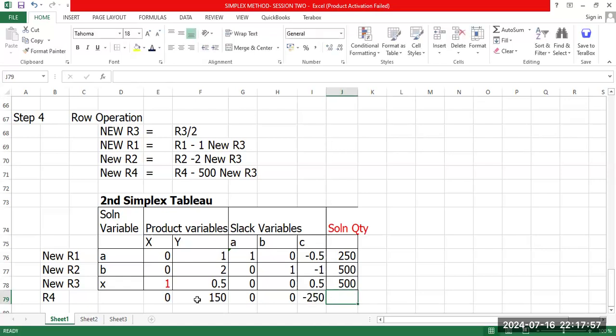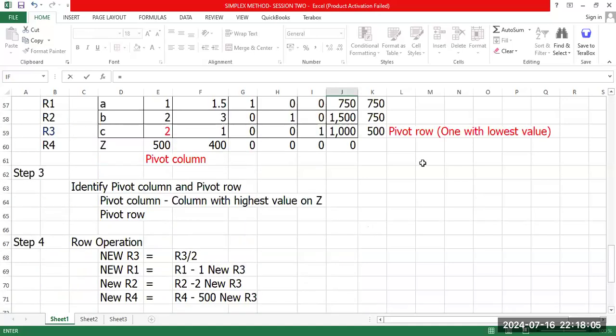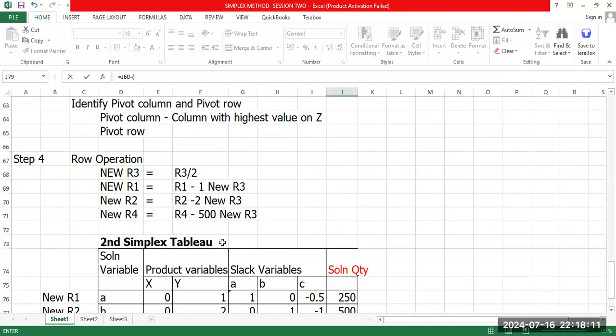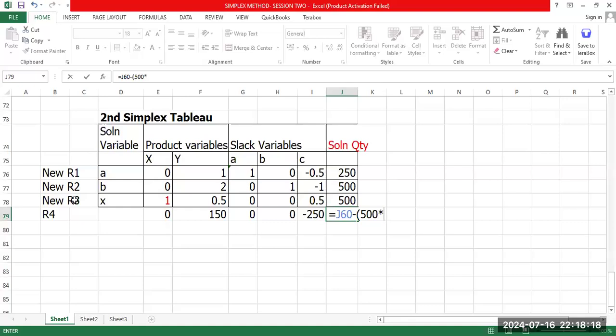Then lastly, we are getting row 4. Row 4 is 0 minus open bracket 500 times row 3. Row 3 is this one.